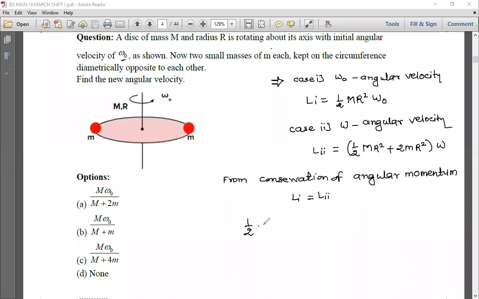Half M R square omega naught is equal to half M R square plus 2 m R square into omega. So just cancel whatever is common. Take the LCM first here, cancel the terms and find out the omega value. Do it yourself. Do it fast.